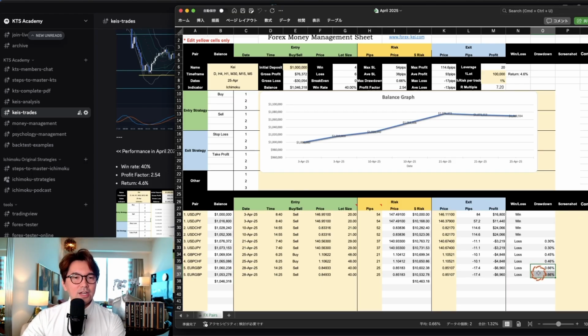So the losses are very small, but when it comes to taking profits, I take profits much bigger than the losses, and that's why the overall result will be positive with my strategy.